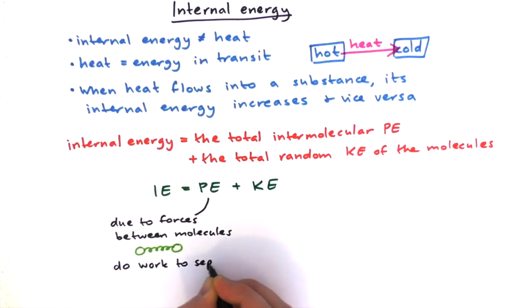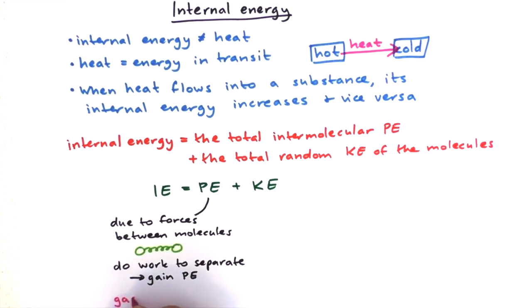And because we're doing work to separate them, that means that the two molecules that we're pulling apart are gaining potential energy. There's one exception to this, which is in a gas, because in a gas the molecules are so far apart that we can consider them to have zero potential energy.